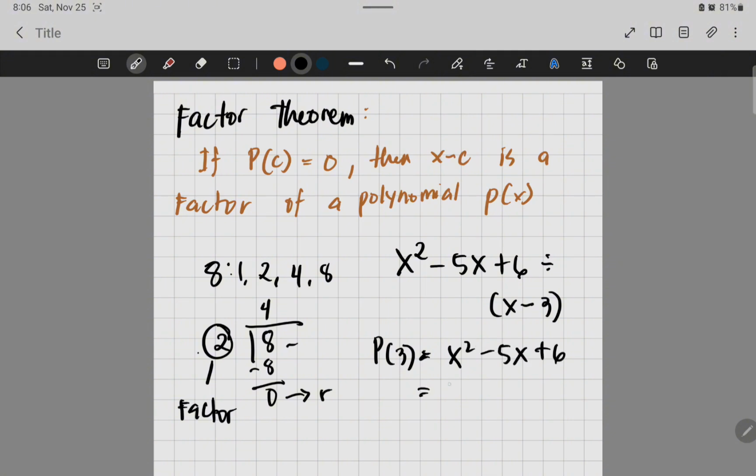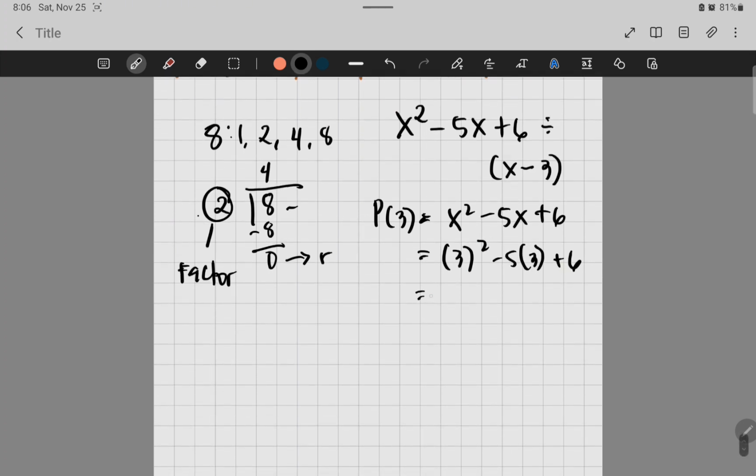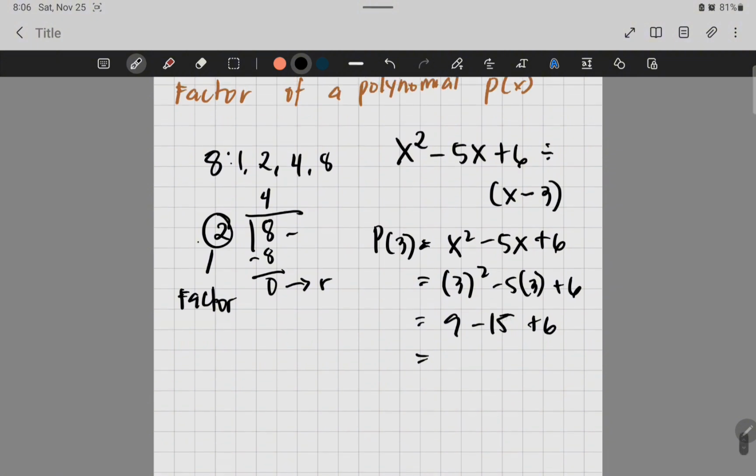So, we just replace the x's with 3. Okay, so 3 squared, that is 9. Negative 5 times 3 is negative 15 plus 6. 9 minus 15 is negative 6 plus 6 is 0. Now, if our remainder is equal to 0, we can say that x minus 3 is a factor of this p of x.